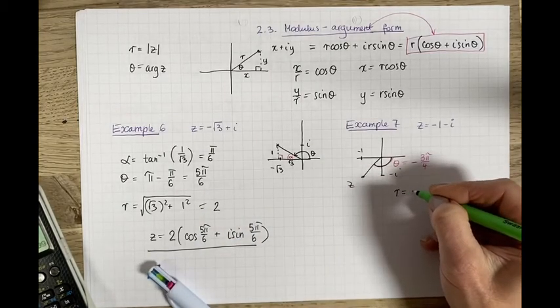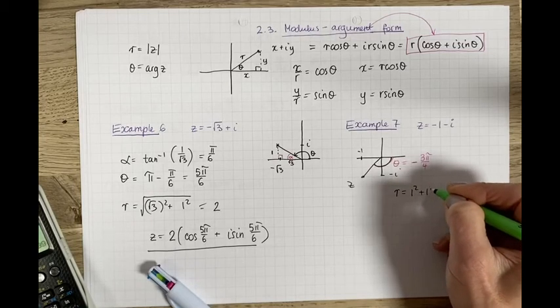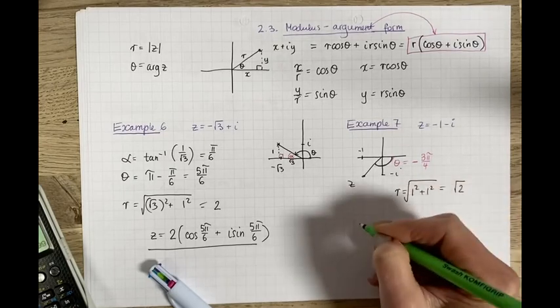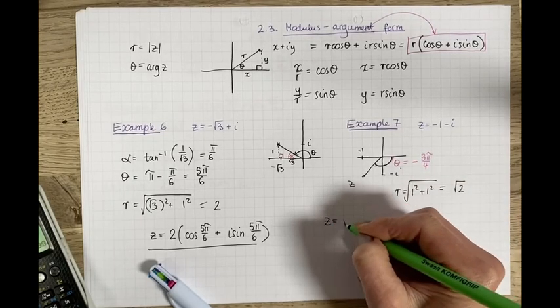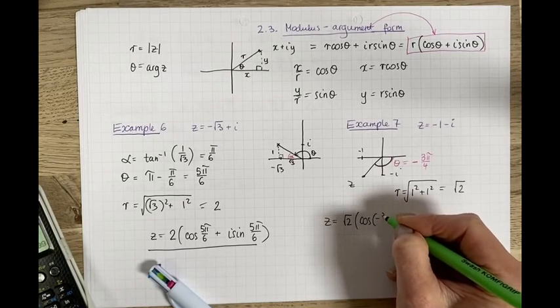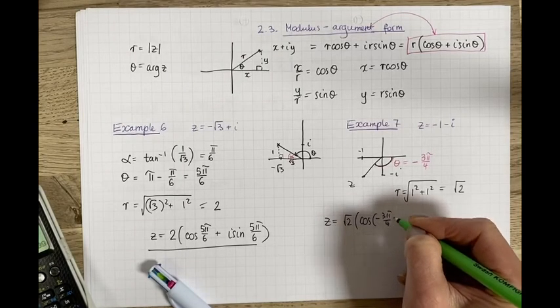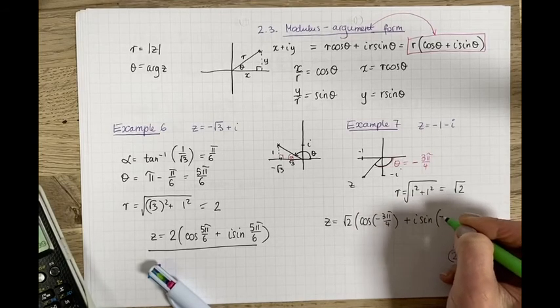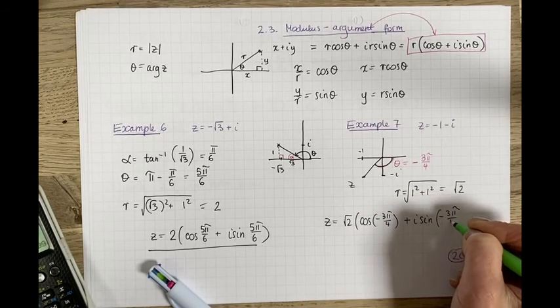r is 1 squared plus 1 squared, square rooted, so it's root 2. So z is going to be root 2, and then you've got cos minus 3 pi over 4 plus i sine minus 3 pi over 4.